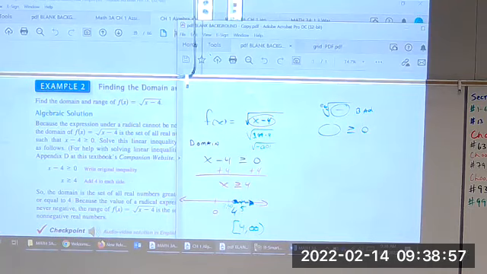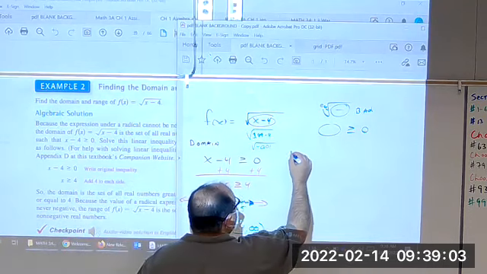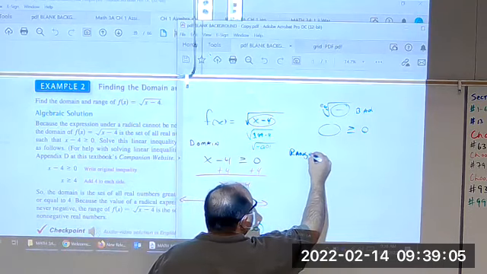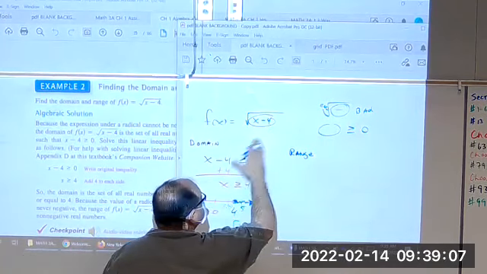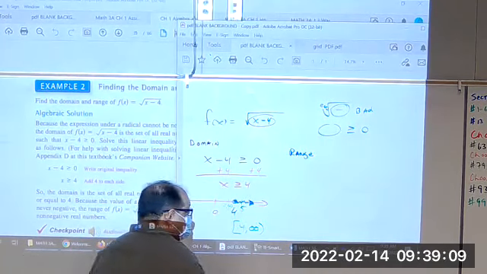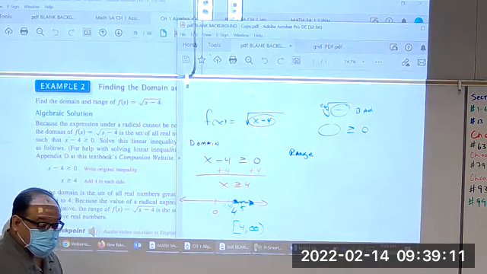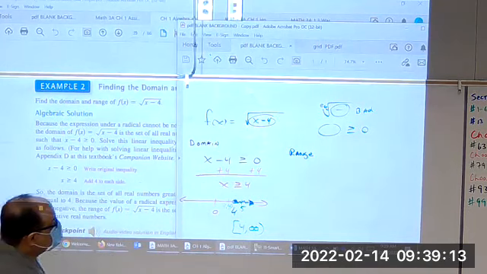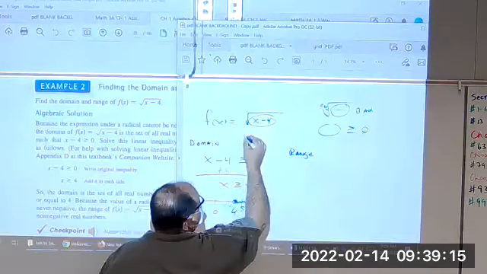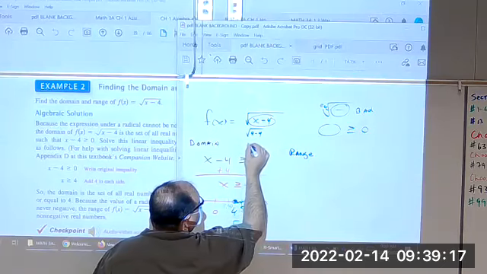So without having to graph it, if I wasn't going to graph this and I wanted to figure out the range, the first thing I'm going to think about is, if I plug in 4, 4 minus 4 is what? 0.